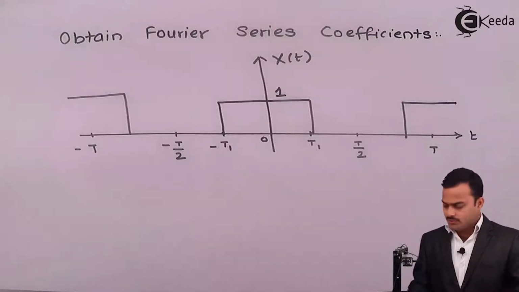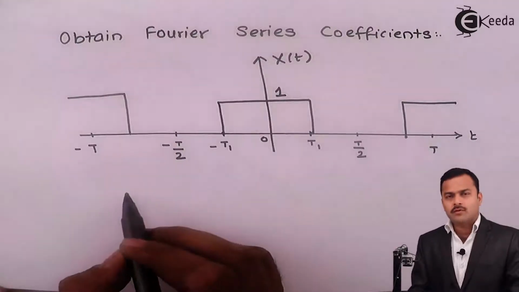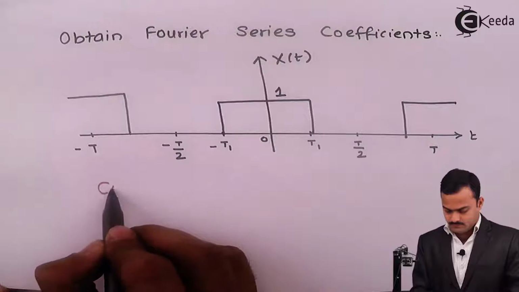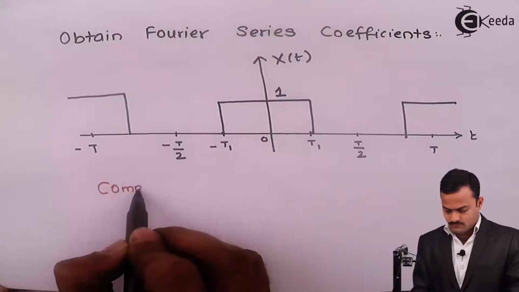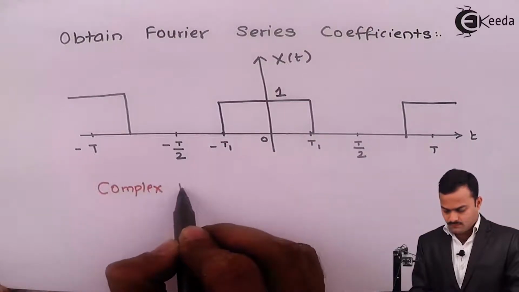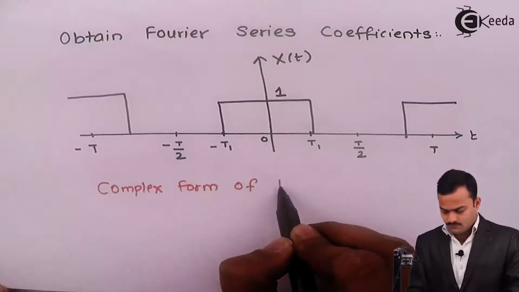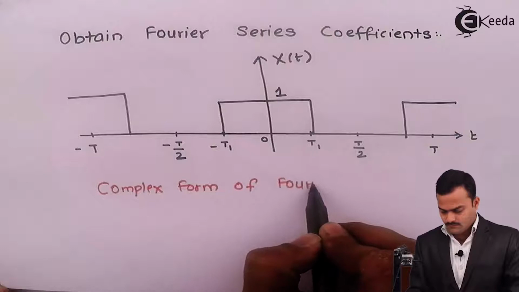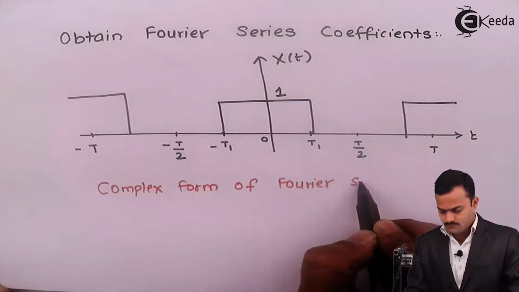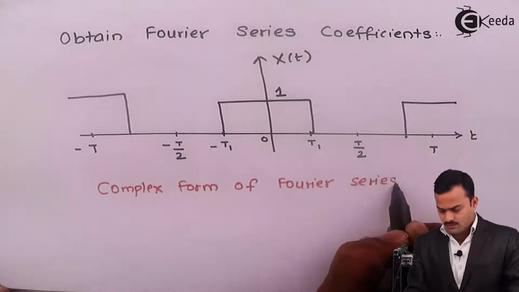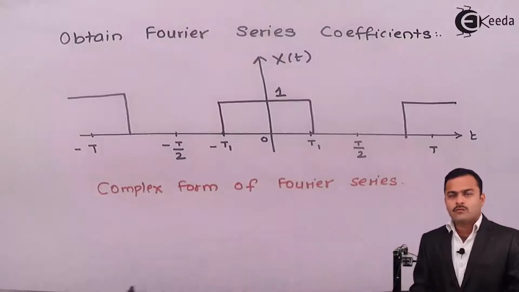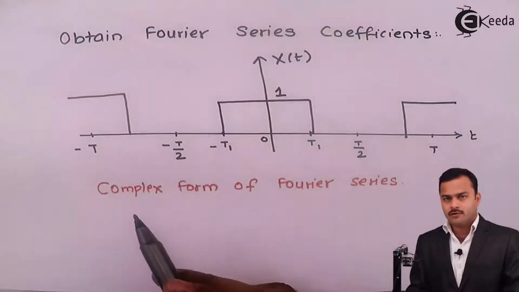And Fourier series coefficient can be obtained if we get a complex form of a Fourier series. So in other words, what we have to get is a complex form of Fourier series for this particular waveform.